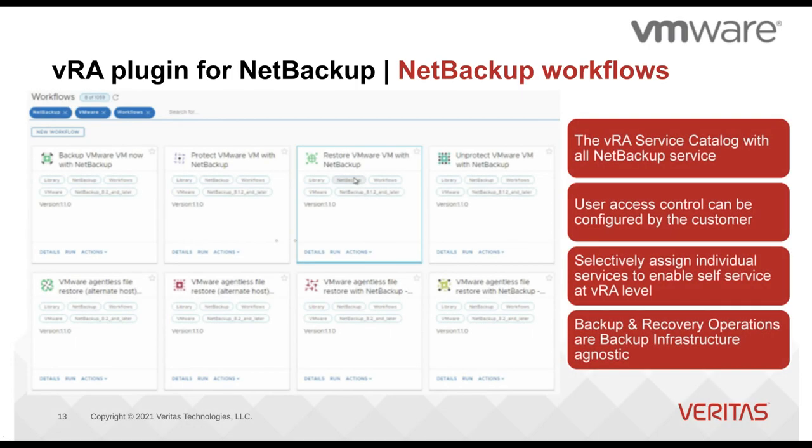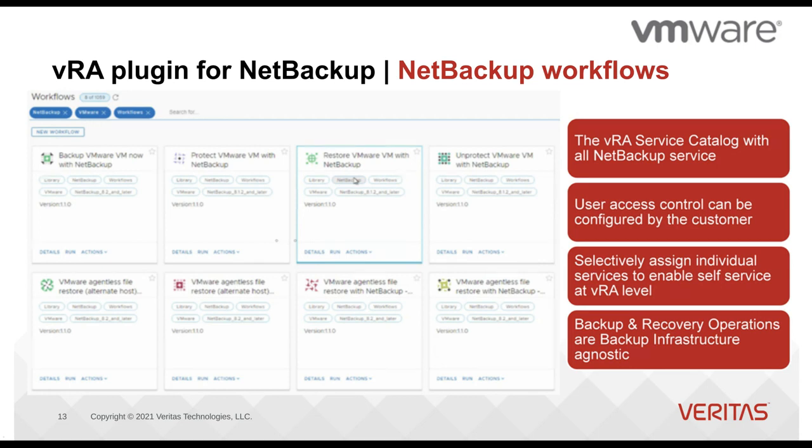These are some of the blueprints that you would see in a vRealize instance once you've imported the service catalog entities into vRealize. The user access for these can be configured at the vRA level, and for backup and recovery operations, you do not have to even know that the backup is running behind the covers.